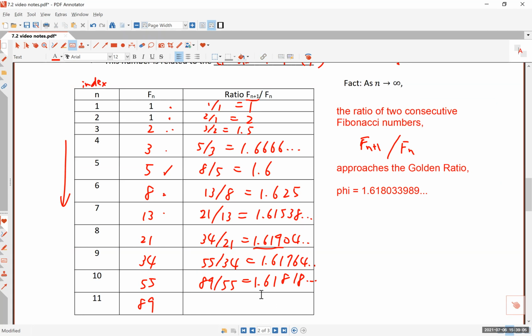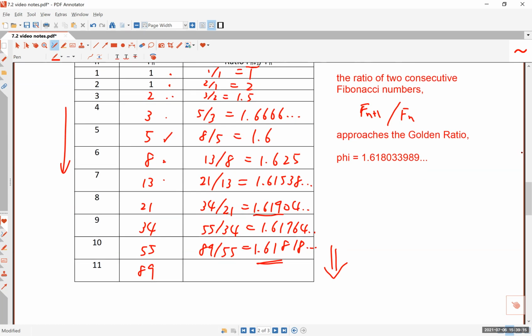And you notice how close these numbers are here. You can prove this mathematically, which we will not do here because that's beyond the scope of this course. But as you go further and further on this table, these numbers will get closer and closer to phi, which is our golden ratio.